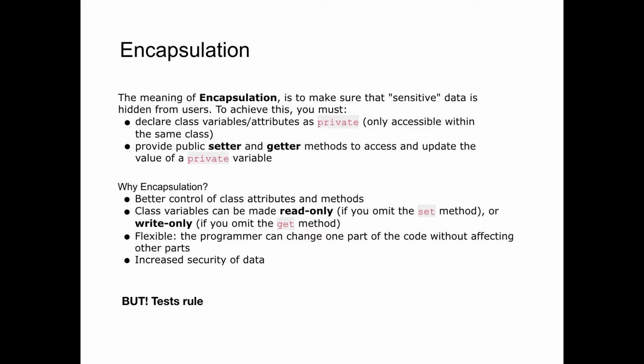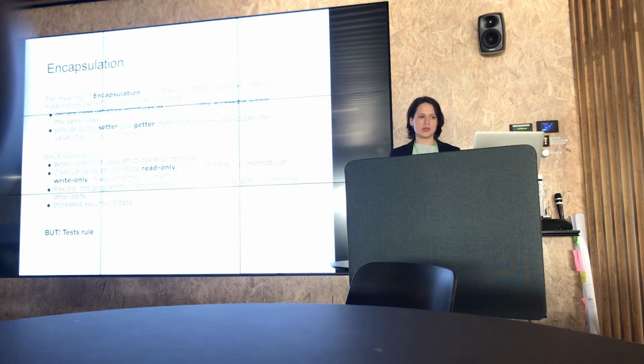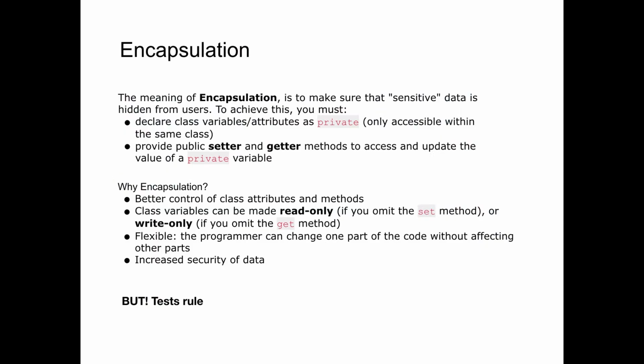So if you have encapsulation in your code, it allows you to better control the class attributes and methods. Also, you can make the classes read-only or write-only. And it also makes it easier for the programmer to make additional features and changes, and to be sure that it will not influence other parts of the code. And of course, it also increases the security of the data.